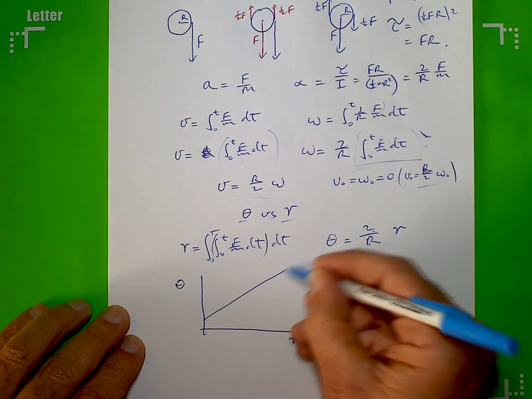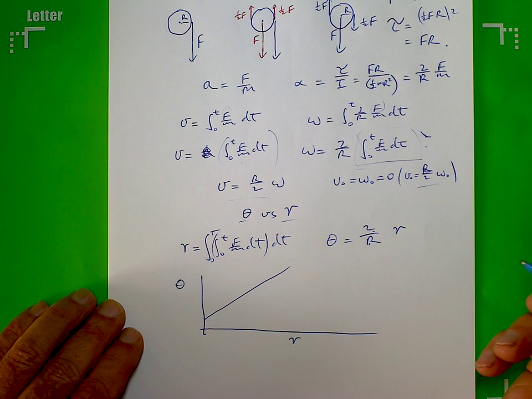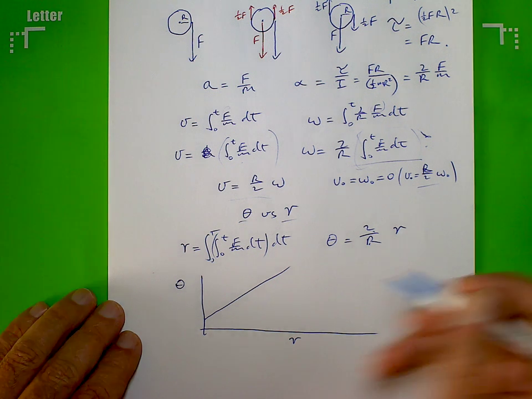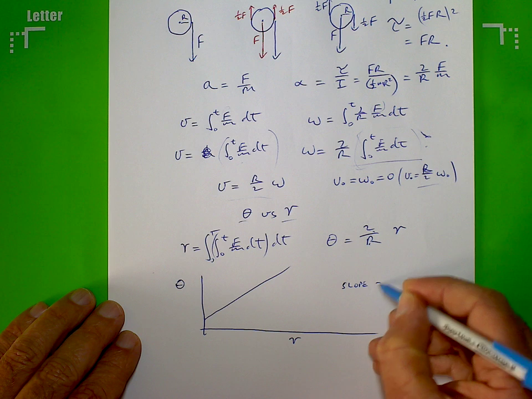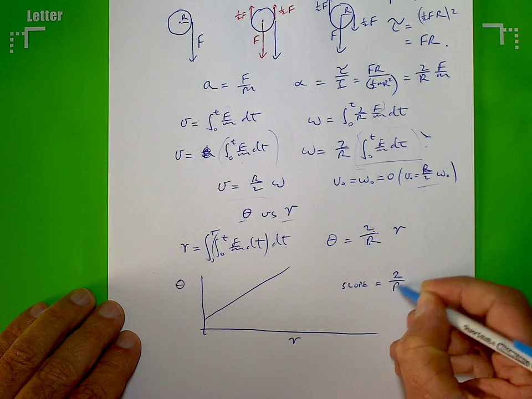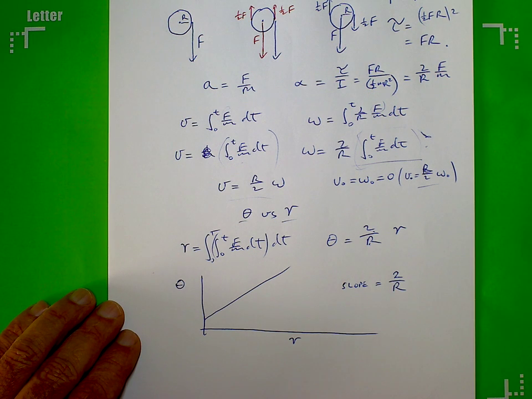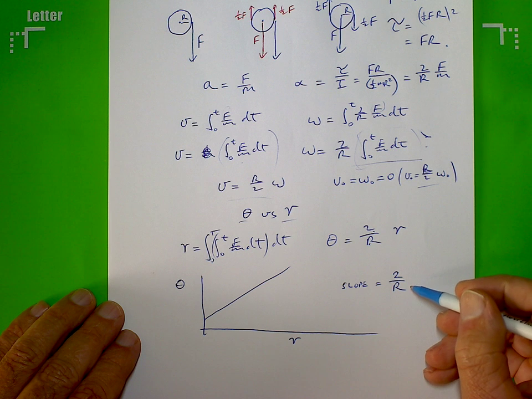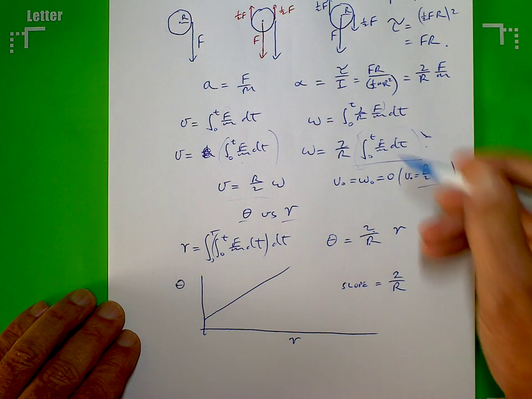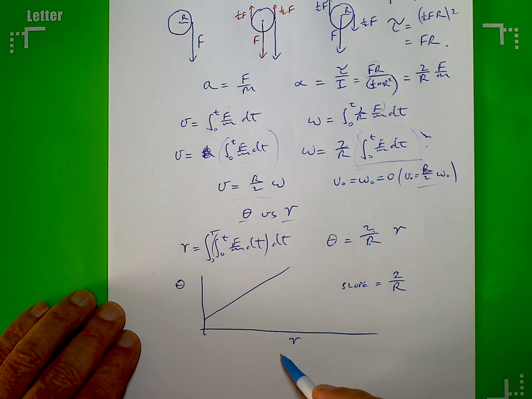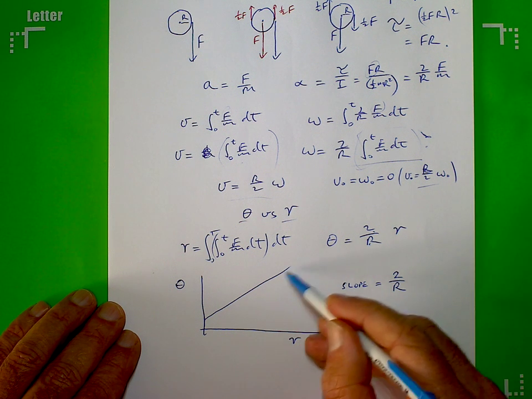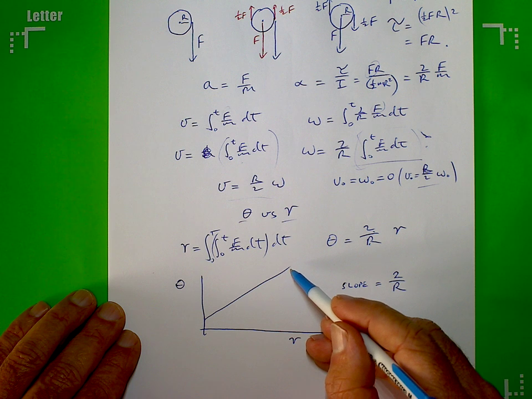It doesn't have to go through 0, but it should be a nice line, and the slope of that line equals 2 over R. And what's beautiful about this is it doesn't rely on our force being constant throughout. That force can be changing throughout, and this relationship should still be true. So you get nice results here regardless.